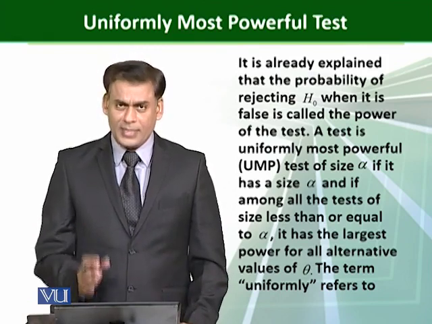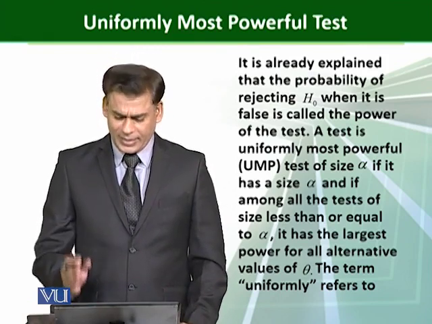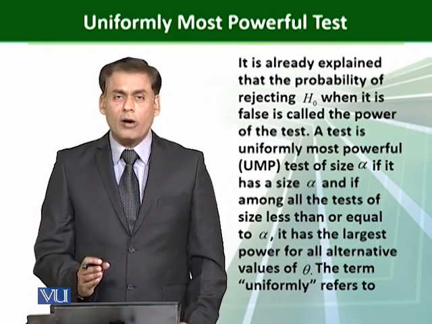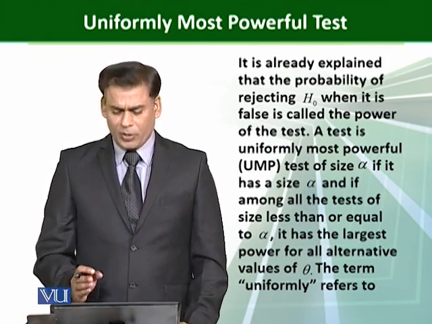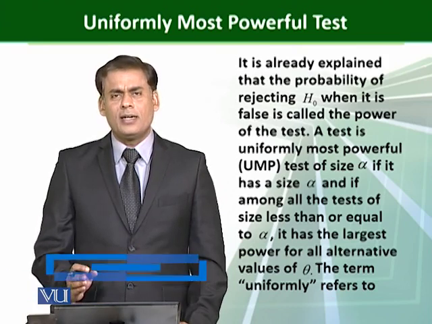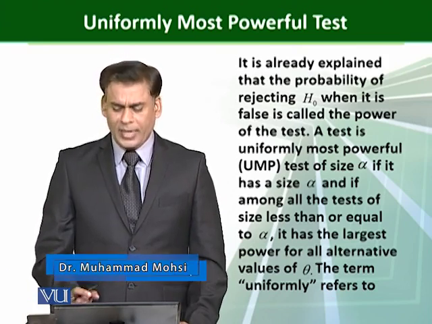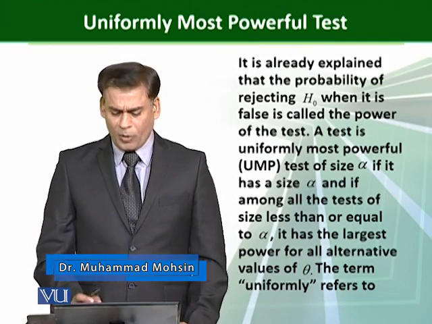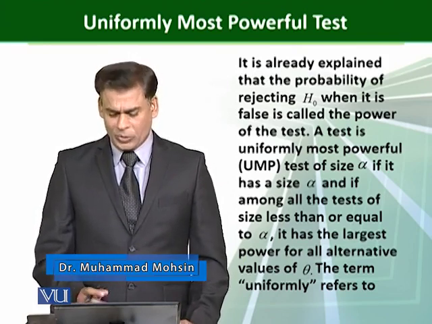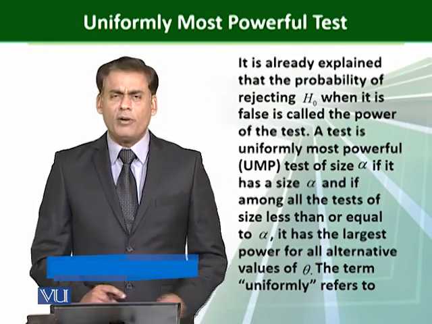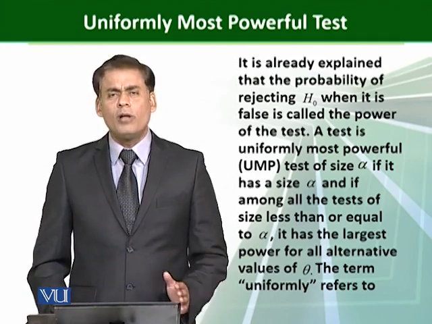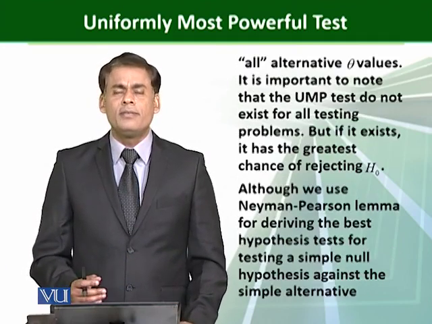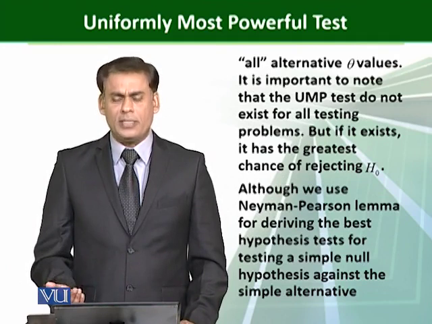One, it has a size of alpha, and second, among all the tests of size less than or equal to alpha, it has the greatest power for all alternative values of theta. The term uniformly actually refers to all possible values of the alternative for theta.